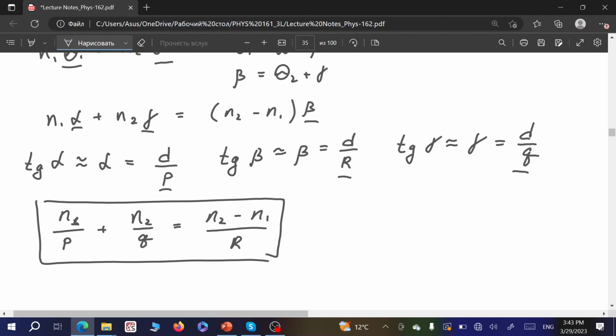Besides reflection, there is another phenomenon which can be used to form optical images. And that is refraction. So the principle is similar. We also need to consider two rays in order to figure out where the location of the image will be.